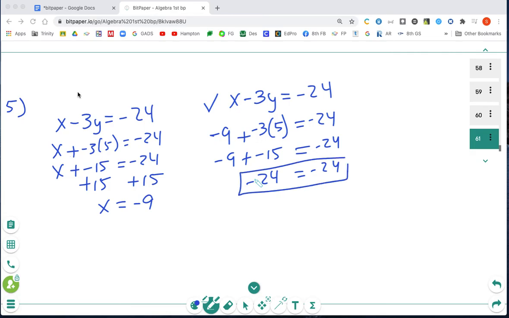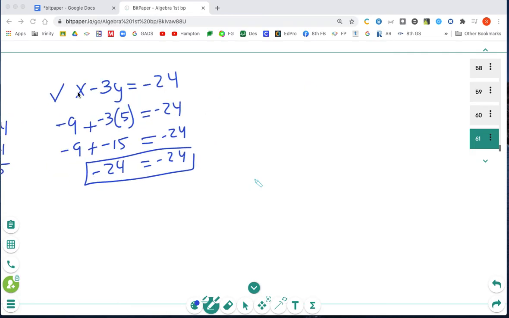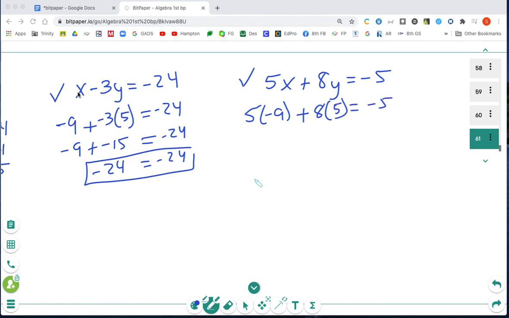So I have the correct answer for that first equation. I'm going to go ahead and check the second equation. 5x plus 8y is equal to negative 5. 5 times negative 9 plus 8 times 5 is equal to negative 5. So we have negative 45 plus 40. That is negative 5. So we know that that is correct.